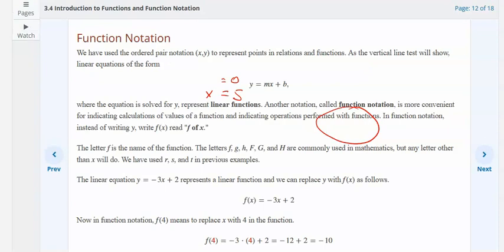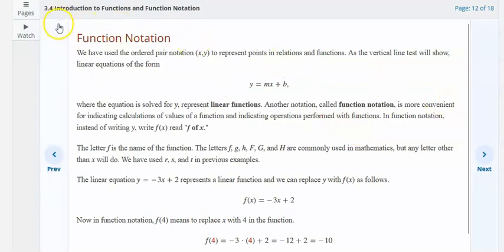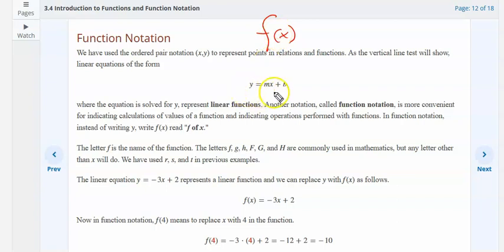Now in this slide, what we're looking for is function notation that I mentioned earlier. Review is good. We usually write it this way and can always replace it with a y. So here is slope-intercept. To put it in function notation, convert that.